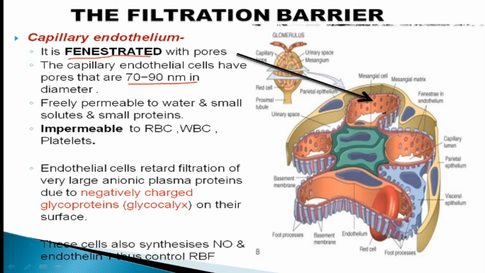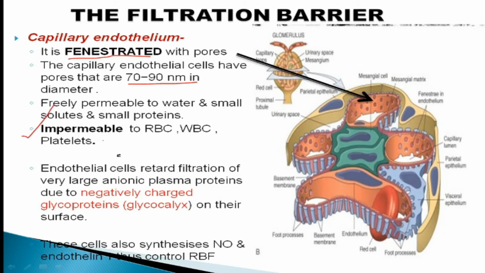You can see here, this is a slide photograph which shows you the glomerular capillary endothelium with lots of fenestrations, and these pores are freely permeable to water, small solutes and small proteins. They are impermeable to RBC, WBC and platelets. This should be remembered.